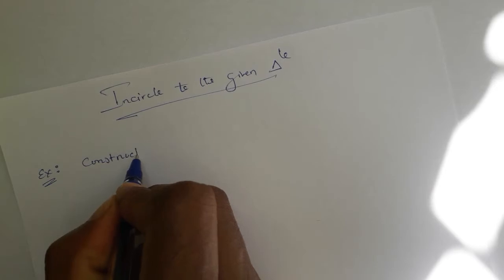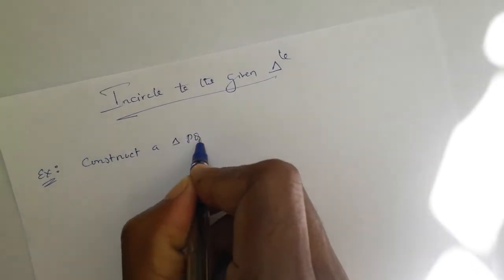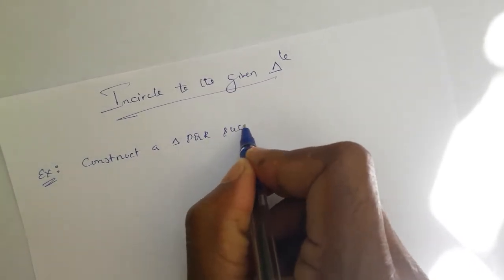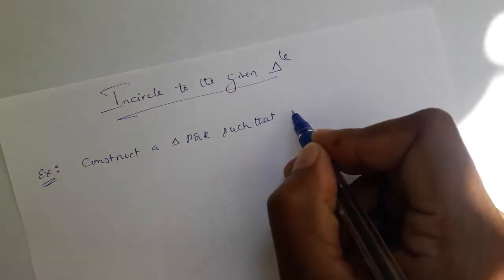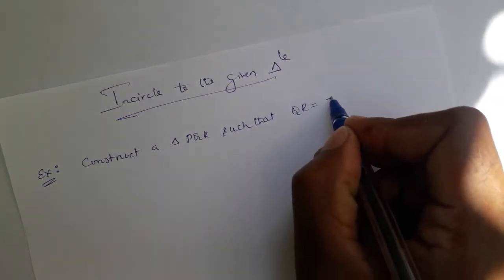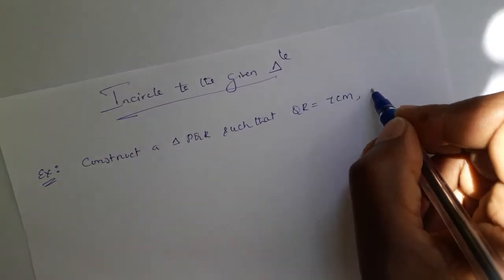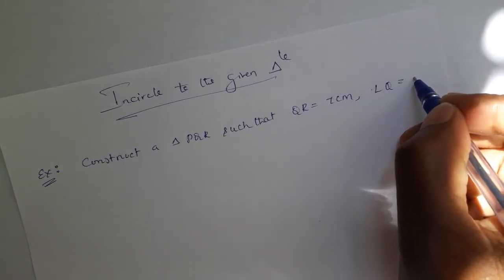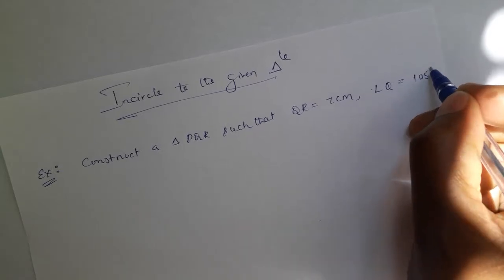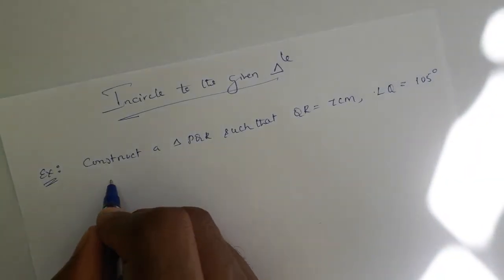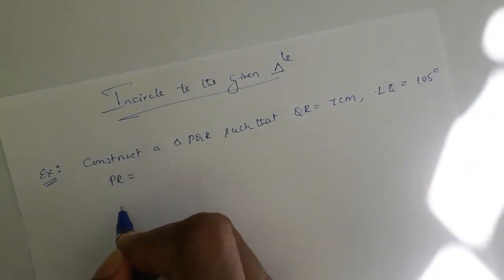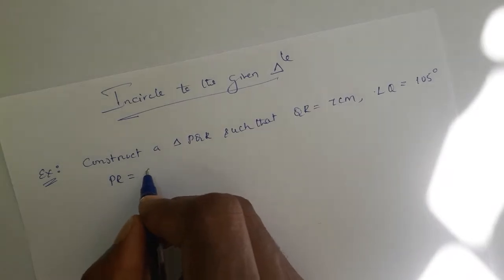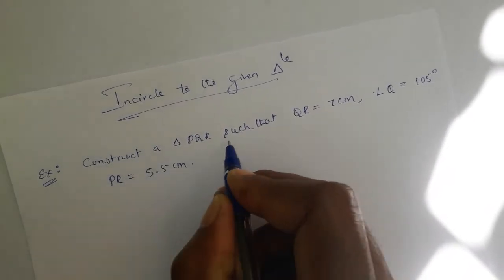Construct a triangle PQR such that QR is equal to 7 centimeter, angle Q is equal to 105 degree, PR equal to 5.5 centimeter.